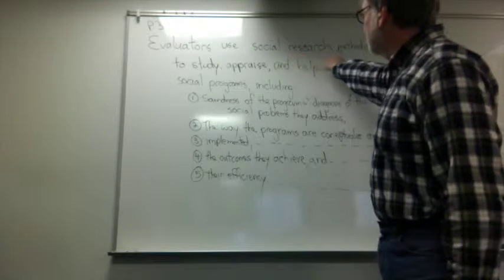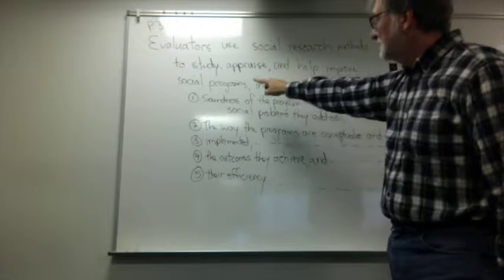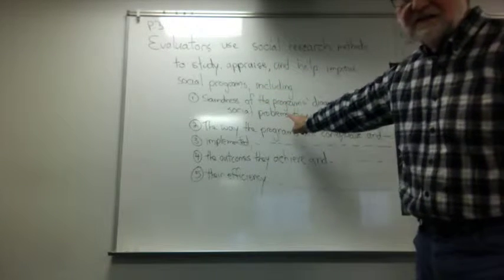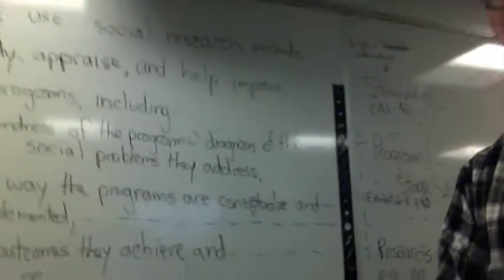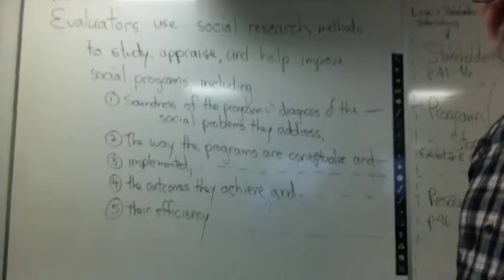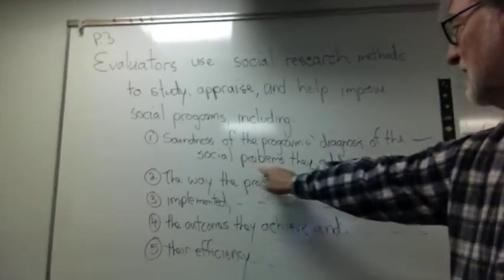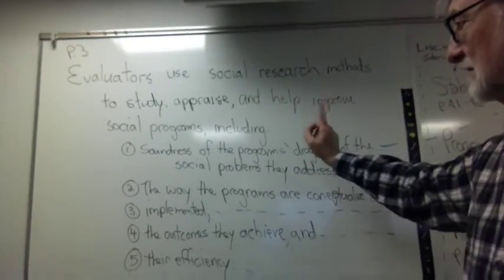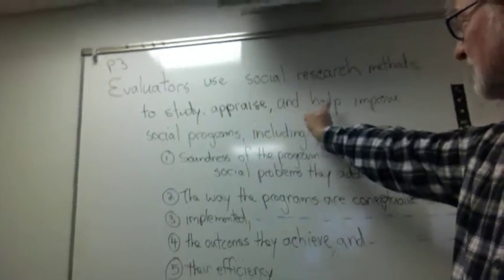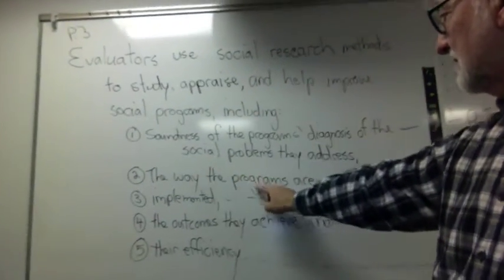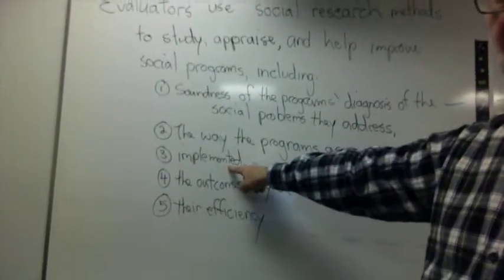But the social research methods you use to help improve social programs include identifying the soundness of the program's diagnosis of the social problems they address. That's one. Another way they do it is by studying, appraising, and helping improve the way programs are conceptualized and, number 3, implemented.